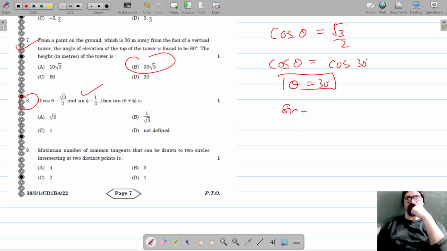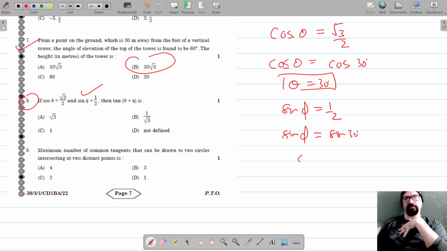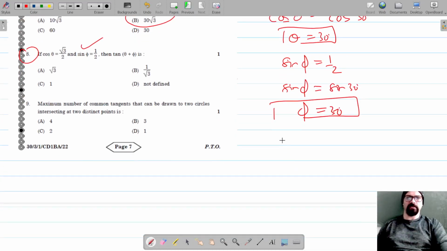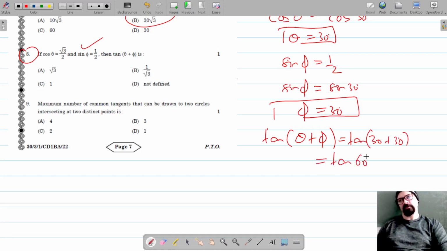Given that sine phi is equal to half, and the angle for which the sine is half is sine 30. So that means phi is 30. And now we have to find tan of theta plus phi, which is equal to tan of 30 plus 30, which is equal to tan 60. And we know that tan 60 is equal to root 3. So root 3 is the correct option.